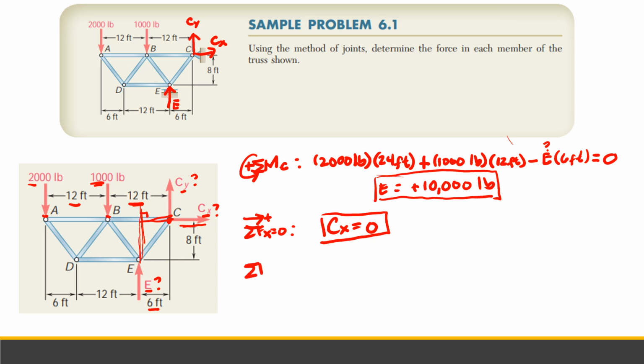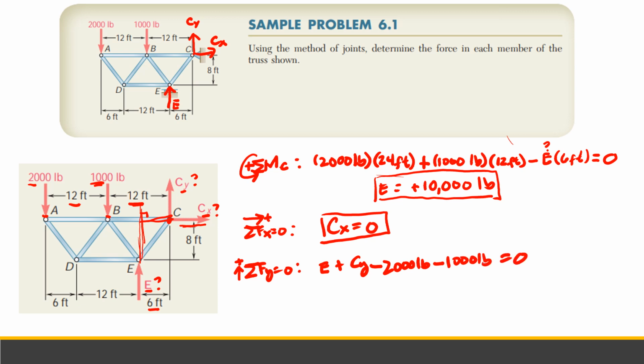For the summation of forces in Y equals 0, upward is positive. We have E plus Cy, minus 2,000 pounds, minus 1,000 pounds, equals 0.